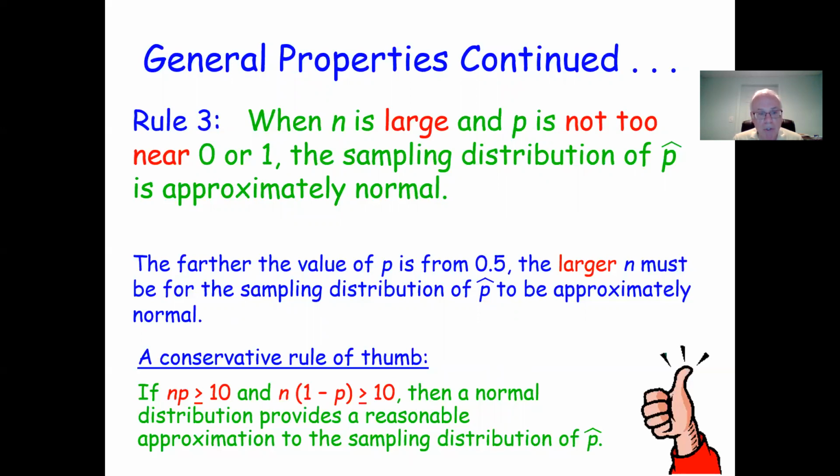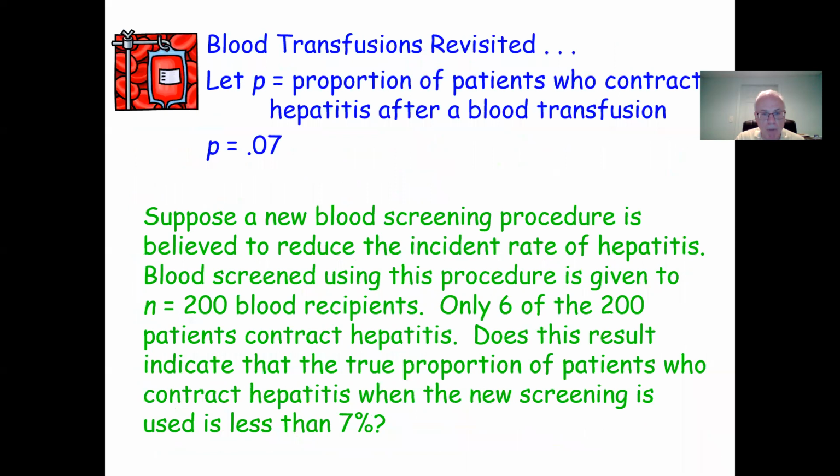We're going to use this conservative rule of thumb here. We take our sample size, multiply it by the proportion p. We also take n and multiply by 1 minus p. And if both of those products are greater than or equal to 10, then we can say that the sampling distribution of p-hats is approximately normal. So that's the rule that we use.